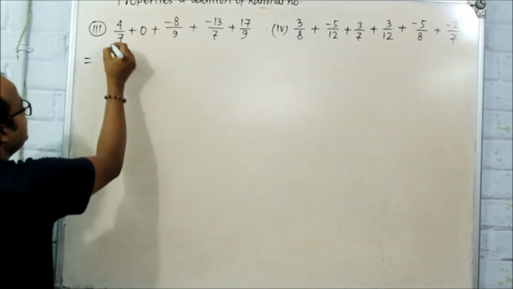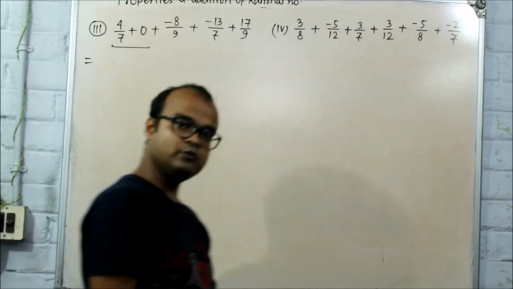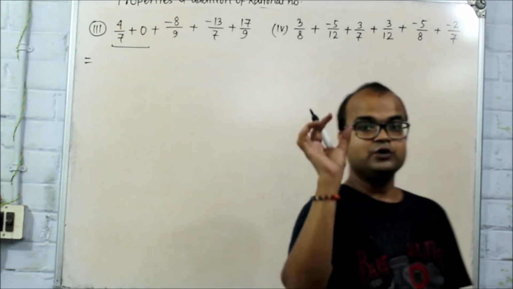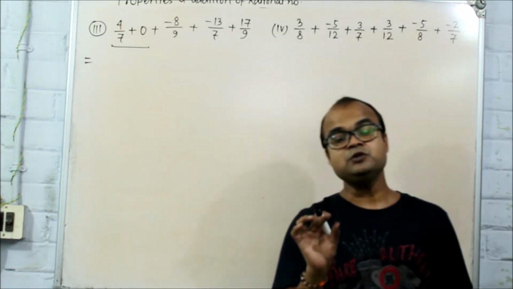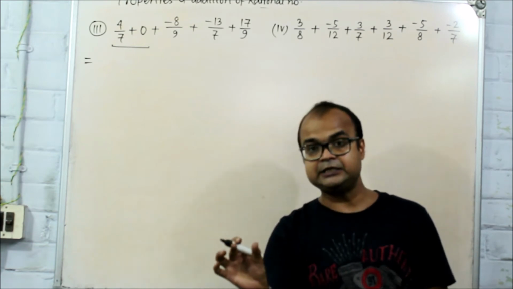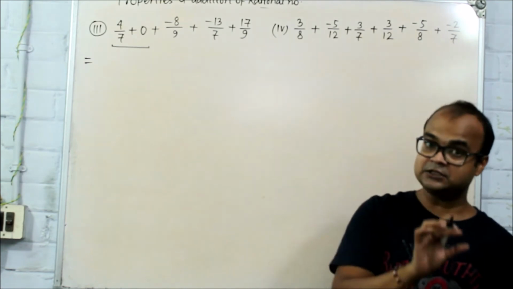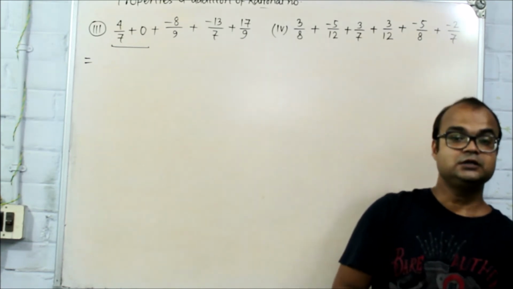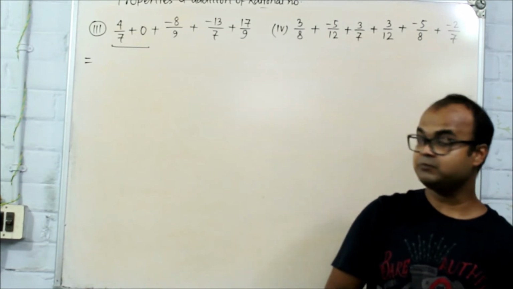First, 4 by 7 plus 0. It is equal to 4 by 7 because 0 is an additive identity. Additive identity means when 0 is added with any other rational number, you will get the same rational number as the result.